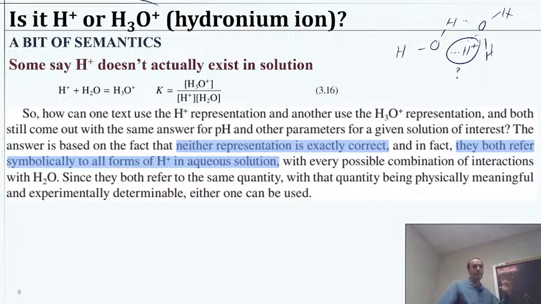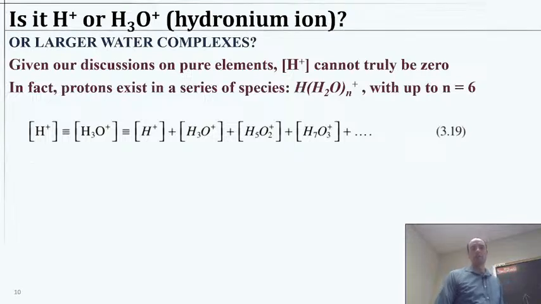Well, neither is exactly correct. They both refer symbolically to all forms of H plus in solution and every possible combination of interactions with water. Since they both refer to the same quantity, as best as we can determine, we can use either one. So if nothing else, maybe that puts it to rest a little.